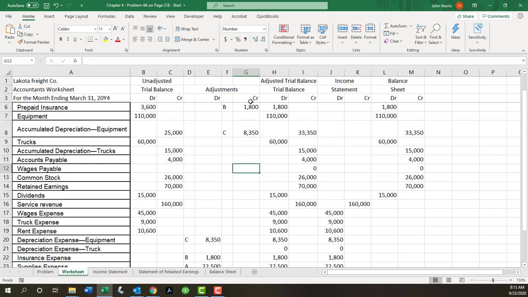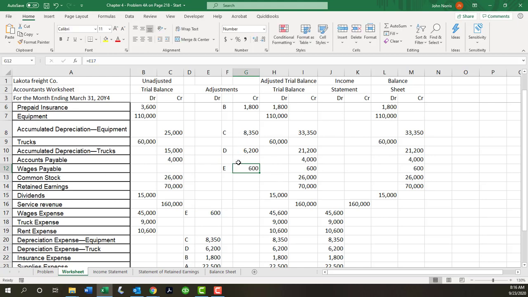And then D is $6,200 in depreciation on the trucks. And then lastly, wages accrued but not paid. So wage expense, E, is $600. And that is going to be wages payable.